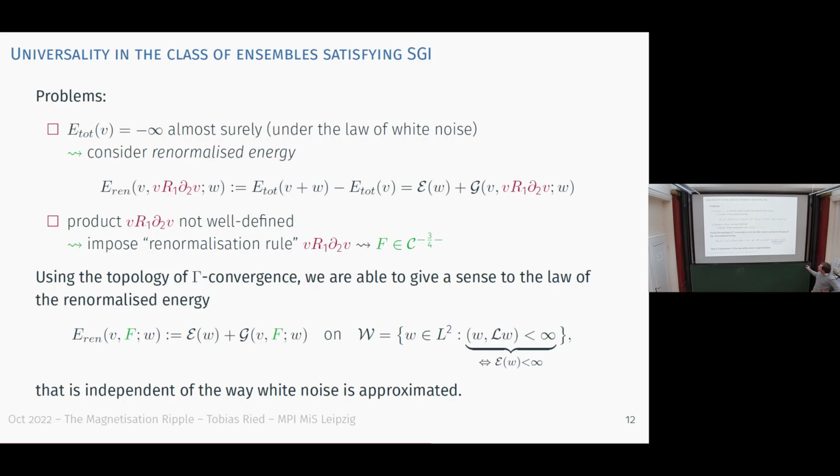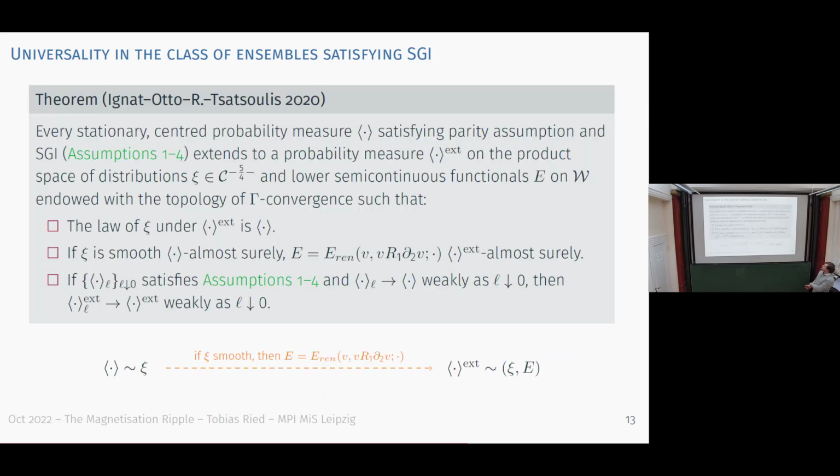And now what I want to show you next is how one can use the topology of gamma convergence, which is the natural topology once we set up everything on the space of functionals. We can really give a sense to the law of this energy in a way that is independent of how we approximate white noise within this class of probabilities that satisfy the spectral gap inequality. And that's the statement.